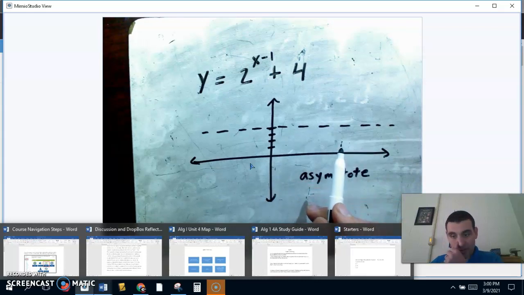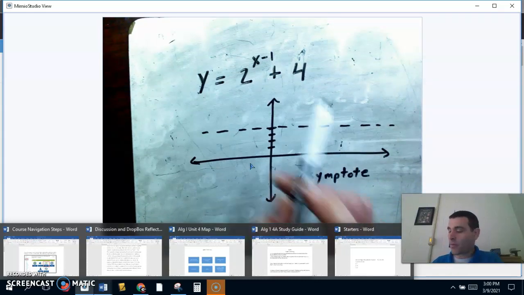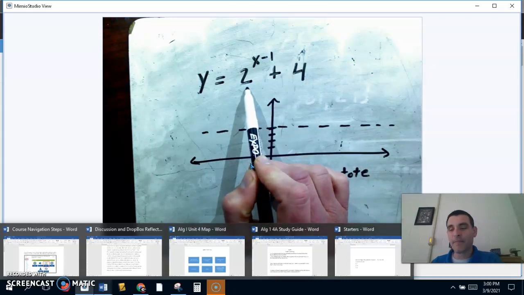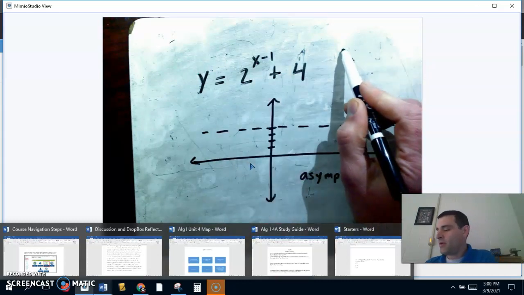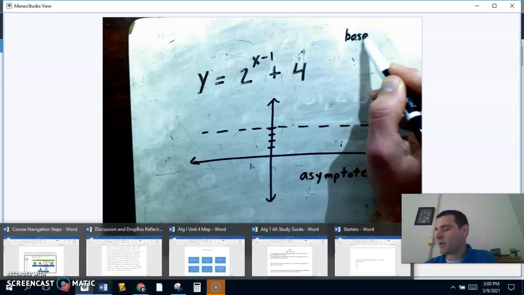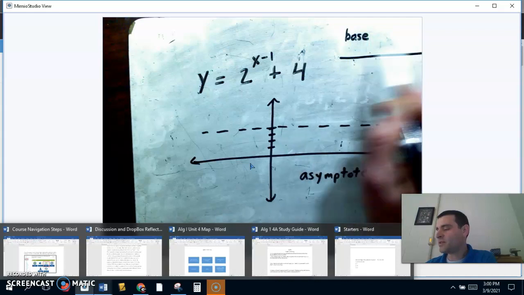The other big thing I want you to know is which way it's going, and that's determined by the base. Okay? Briefly, when we look at the base for an exponential, we have two possibilities.